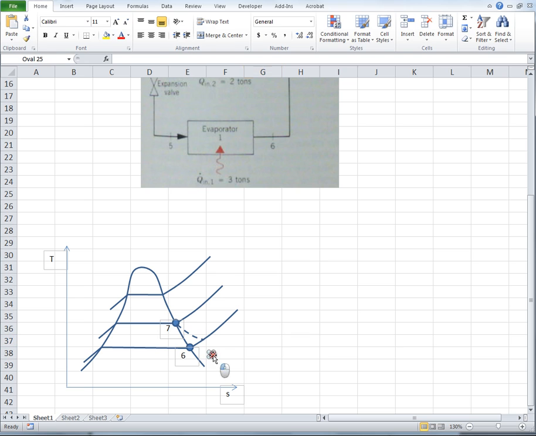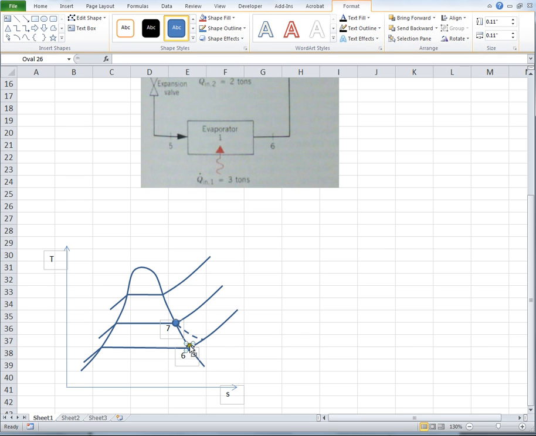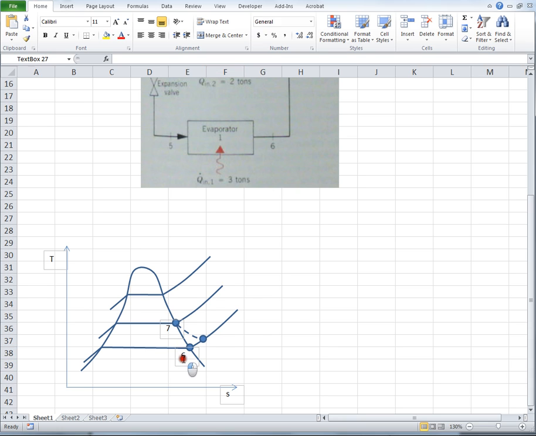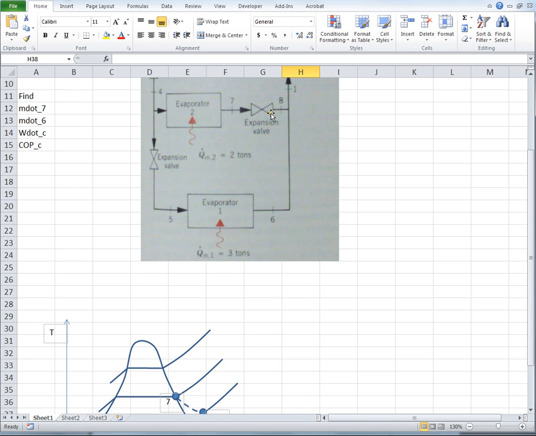So my state, I'm going to get rid of that guy because I don't think I need him. Let's copy this one right here. And that's going to be our state 8. Okay, so that's 7 to 8 across that.